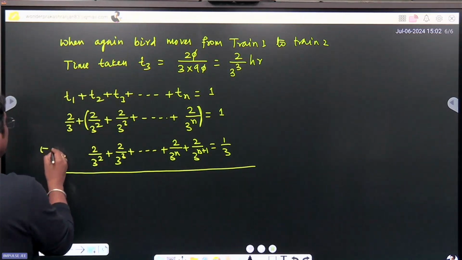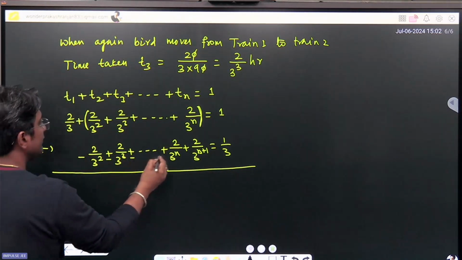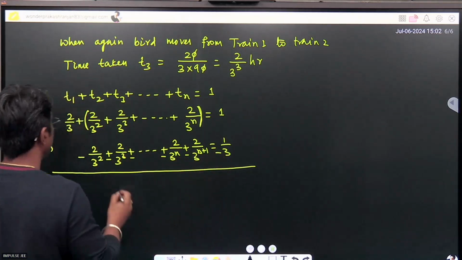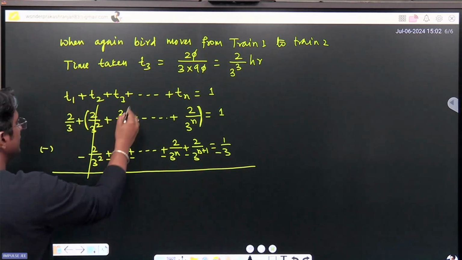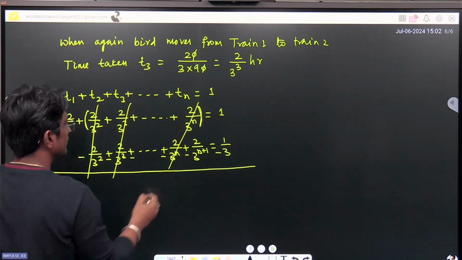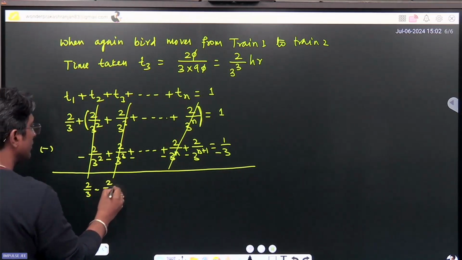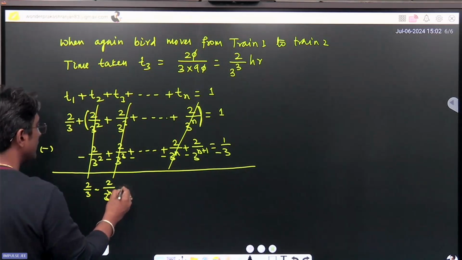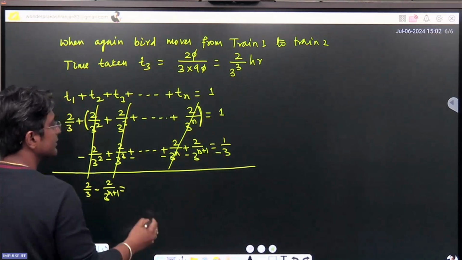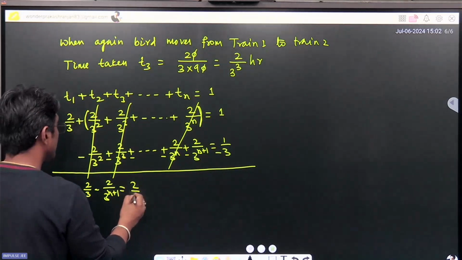If we subtract this, then this will become negative. So these get cancelled out. So the term left is 2 by 3 minus 2 by 3 to the power n plus 1, and this is 1 minus 1 by 3, that is coming 2 by 3.